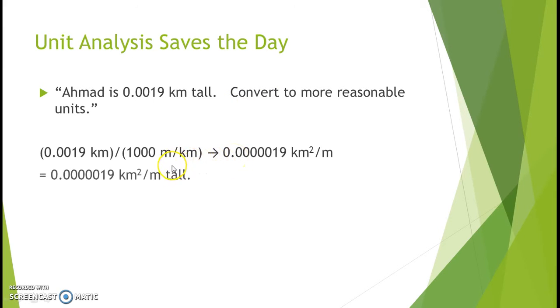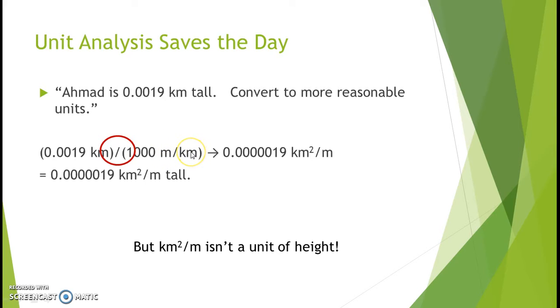But if we do our unit analysis, we can try to cancel. And notice what happens. Instead of getting meters as our answer, when we divide by meters per kilometer, kilometers goes up to the top, and we multiply kilometers times kilometers.